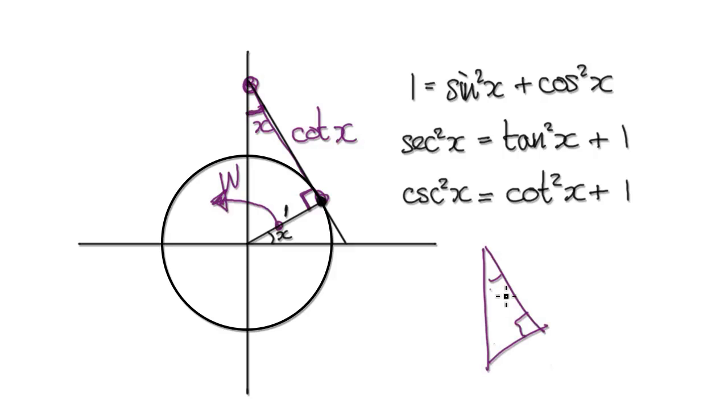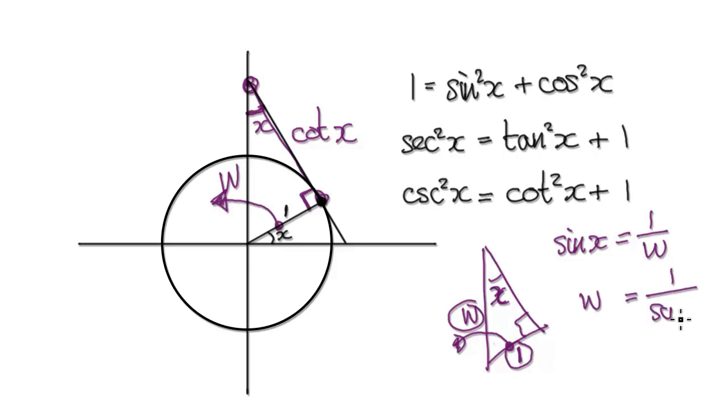So this is x. This is 1 here. So what is this length here? W. So this is x here. So to work out W, we would need to consider sine. So sine the angle equals the opposite over hypotenuse. So W equals 1 over sine of x.